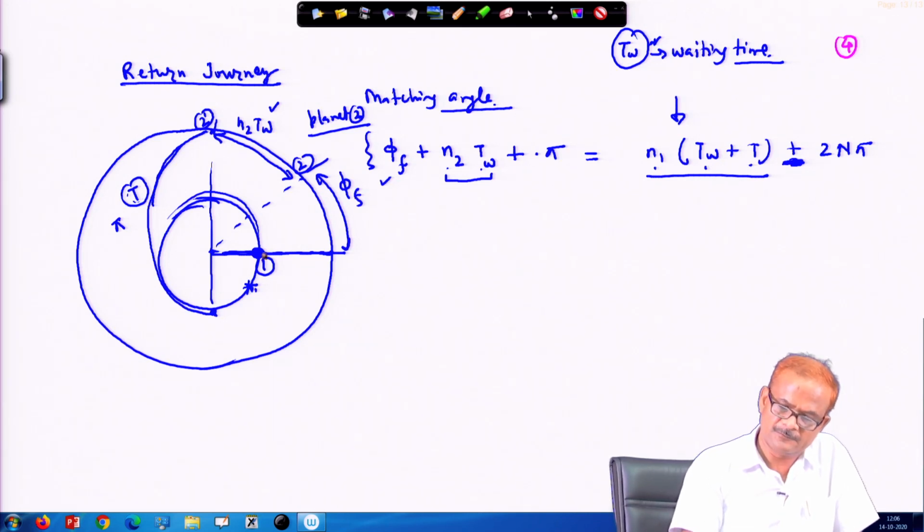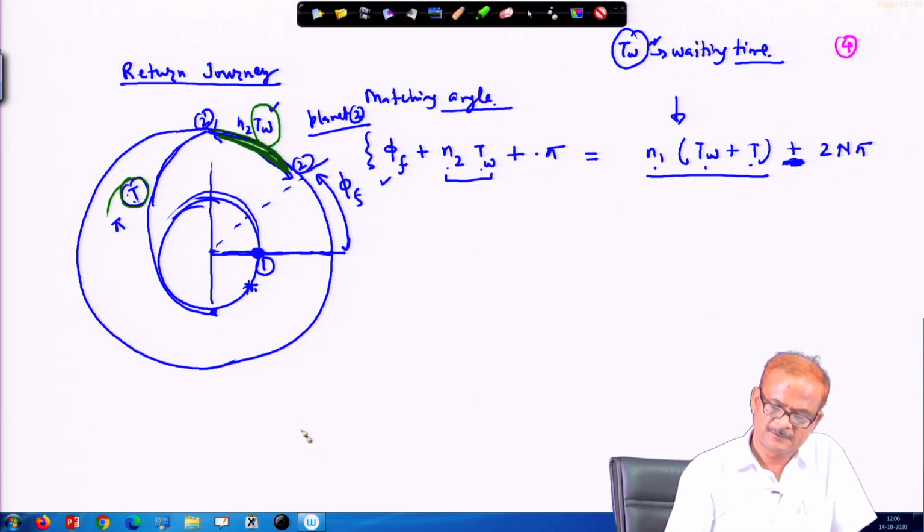N 1 times T w, T w corresponding, this particular segment where the time T w, which is the waiting time, plus the T time. So, during this time T w plus T, how much 1 will be covering the angle. So, it will go at the angular speed of n 1 multiplied by.